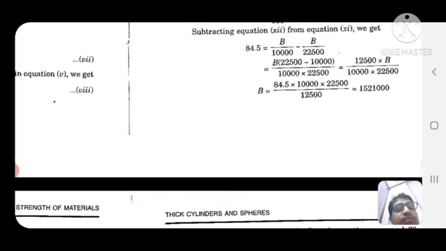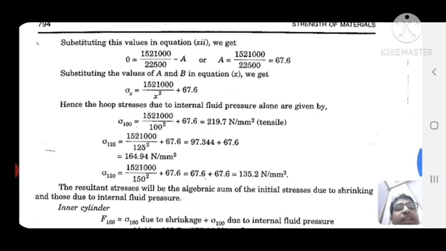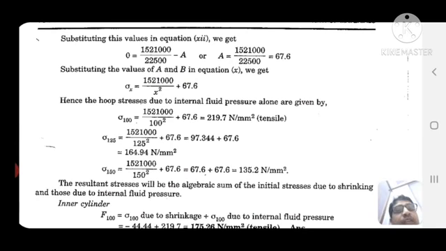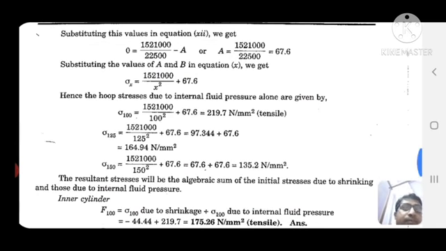Now substituting this value in equation, 0 equal to 1521000 divided by 22500 minus A. Therefore A equal to 1521000 divided by 22500 equal to 67.6.